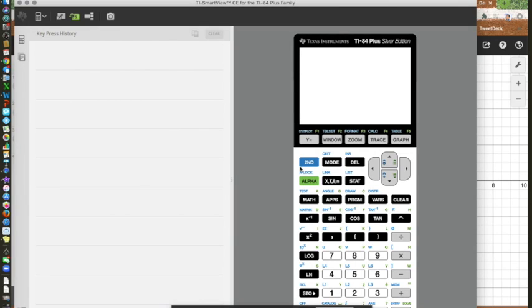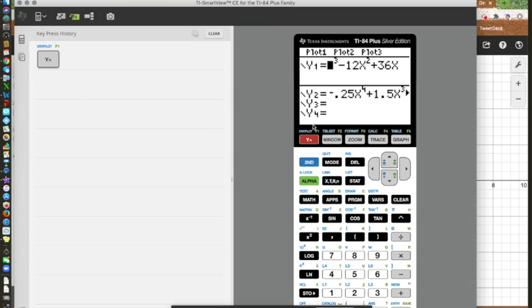Now let's take a look at some examples of these functions. We'll start with our TI graphing calculator. I've put in a couple of functions. Let's start with the first function, y1. Going to highlight the equal sign and turn it on. So now you'll see that the equal sign is darkened. So when I hit graph, I'll be able to see my function.